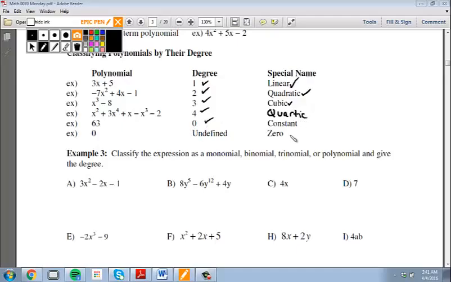And if it's degree 0, I mentioned this a little bit earlier when I had that example that was 12, it's just a constant. And if it is 0, it's just undefined. That's just an undefined polynomial because it's just 0, it doesn't really exist.